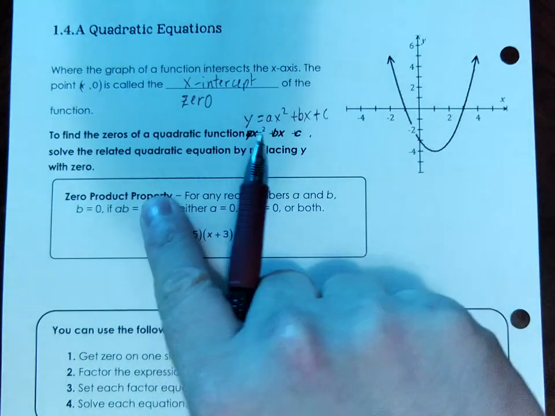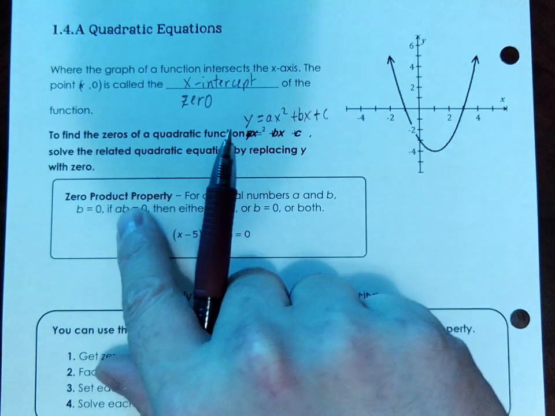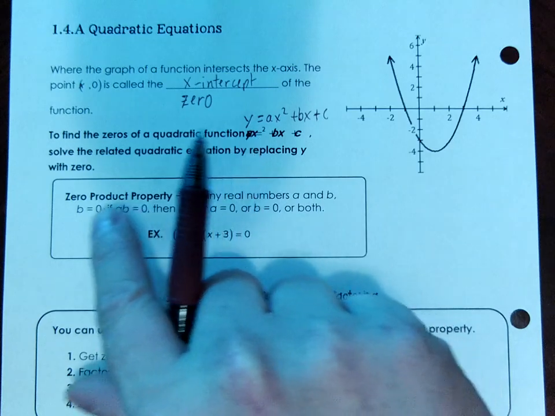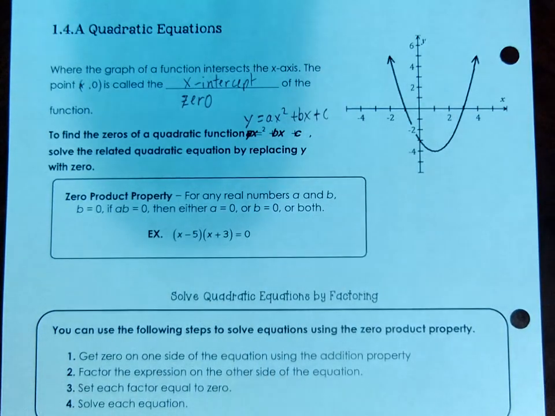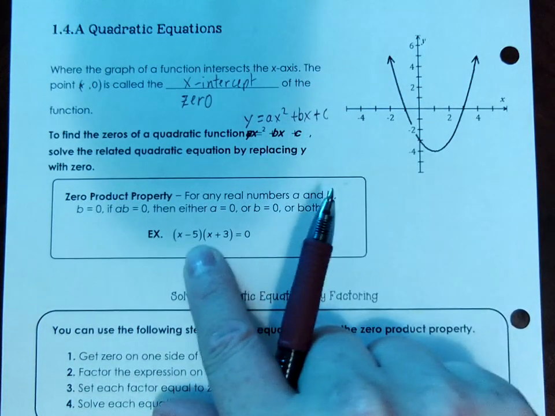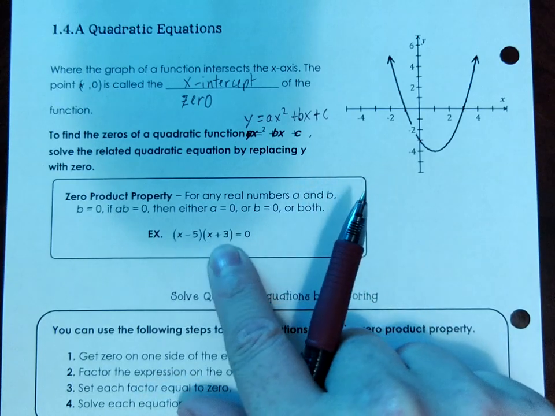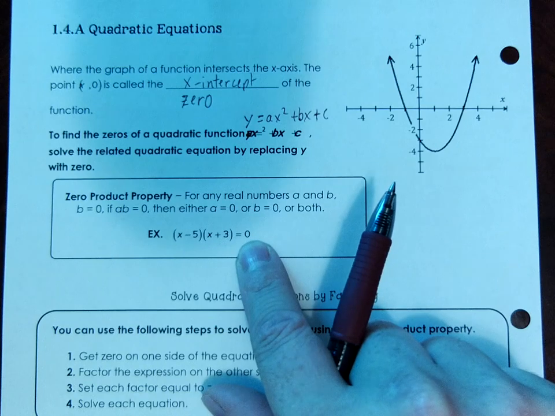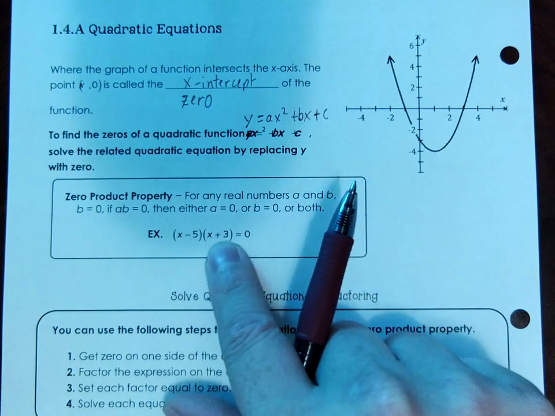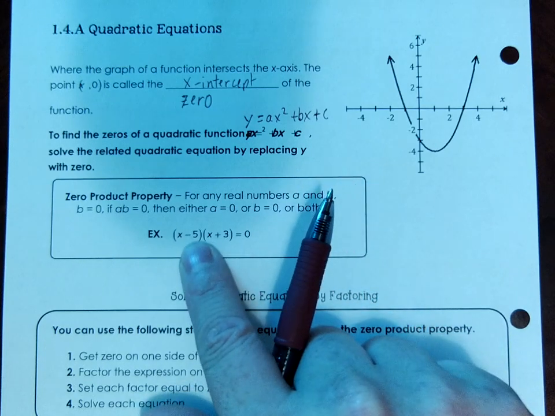The zero product property says if two items multiply together to make 0, then one of the two items is 0. So for example, in this particular equation, if these two items, x minus 5 and x plus 3, multiply to make 0, one of these expressions is equal to 0.